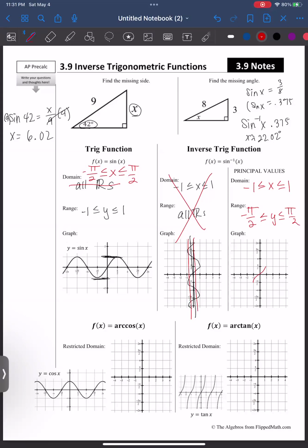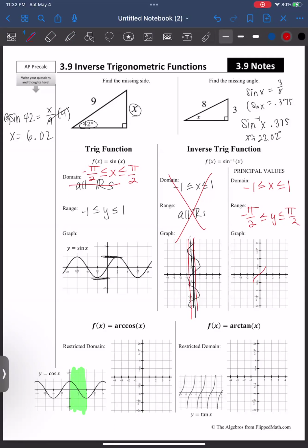So now here I have the arc cosine function and I have the arc tangent function. Once again, the inverse graph would look something like this, which wouldn't work. So I'm going to only take a little section of my graph, just this little bit right here, and that's what I'm going to use for my arc cosine function.